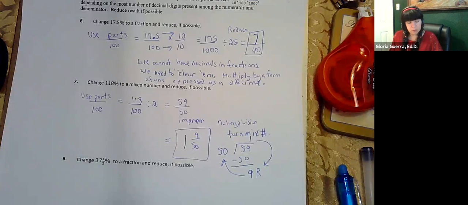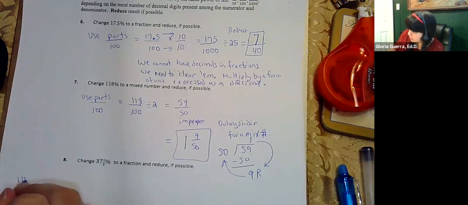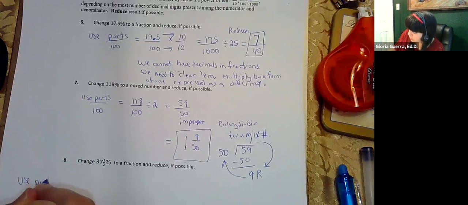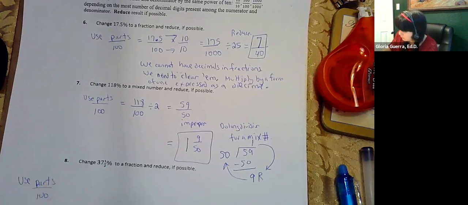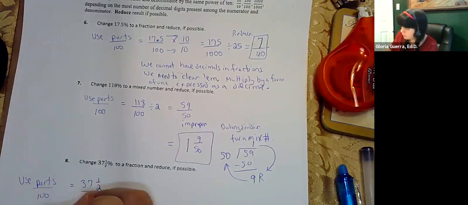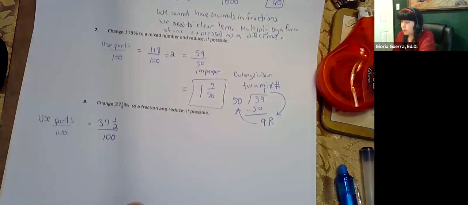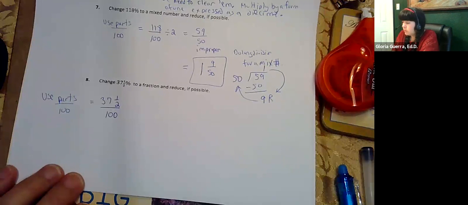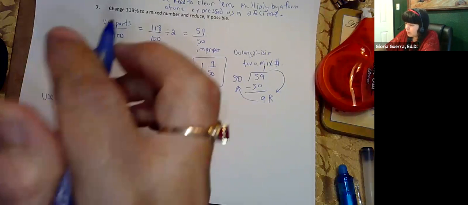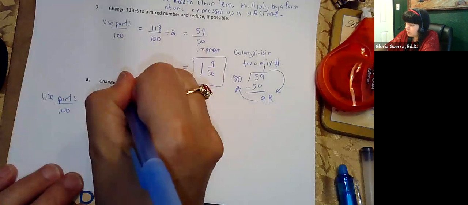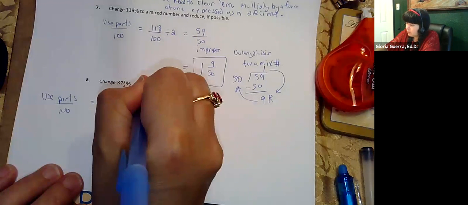And then on number 8, you want to change 37.5 to a fraction and reduce. So again, we're using this idea of parts over 100. And so we should be able to use the 37.5 over 100. I don't know if you memorize that 1/2 terminates.